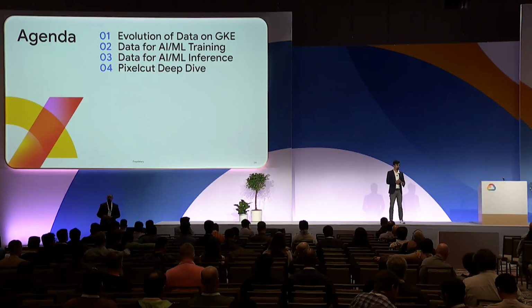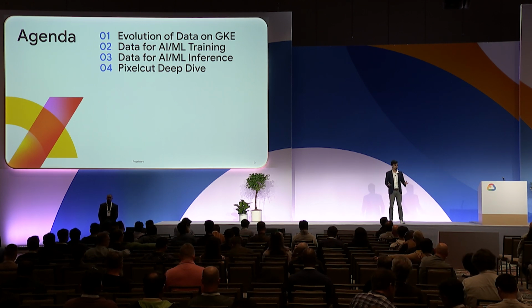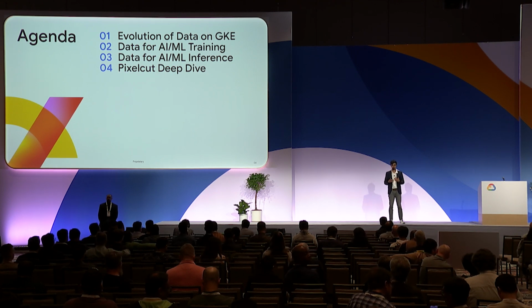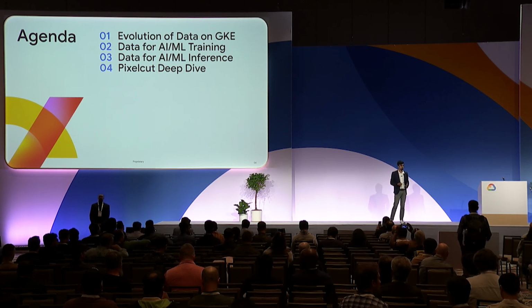For today's session, we're going to first take a look at the evolution of data on Kubernetes, just a little bit of context on how we're listening to customers' needs. Because Kubernetes is a general purpose data orchestrator, we're actually adapting it based on what customers are asking us. Then, of course, AI/ML is everywhere.